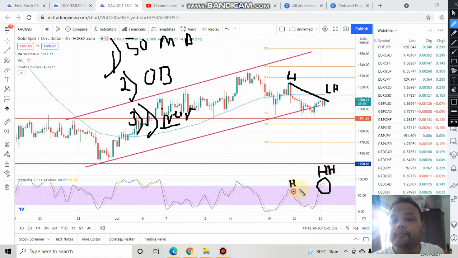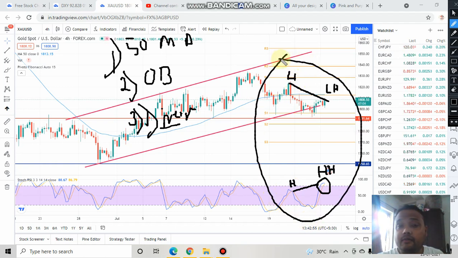The market has formed a lower high, but the indicator is forming a higher high. Whenever there is a divergence, a mismatch between the market and the indicator, there is a good possibility that the market may reverse, or you will see a good change in the trend of the market.